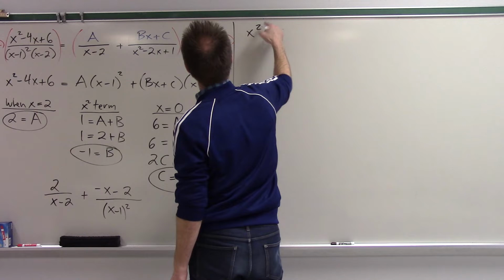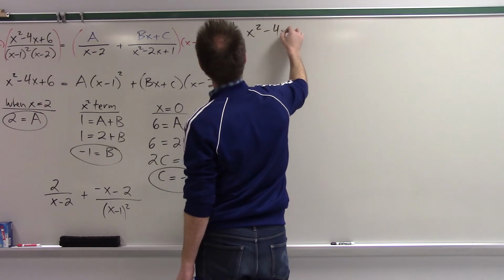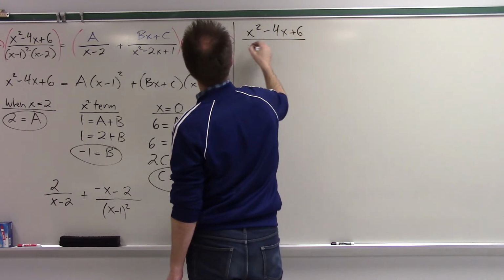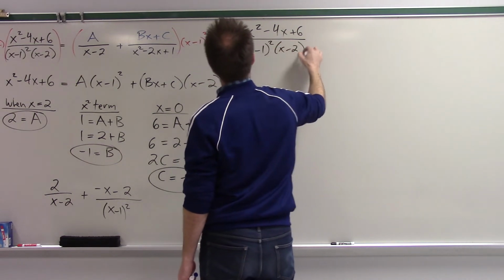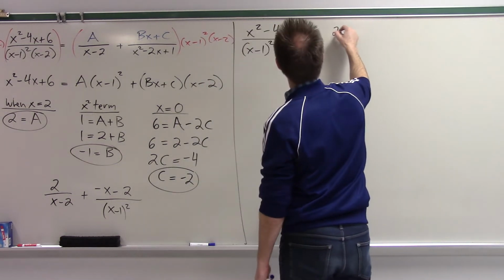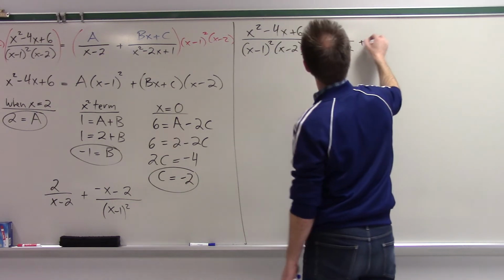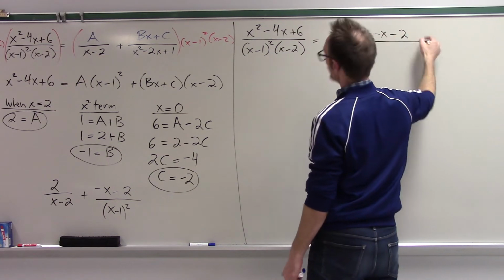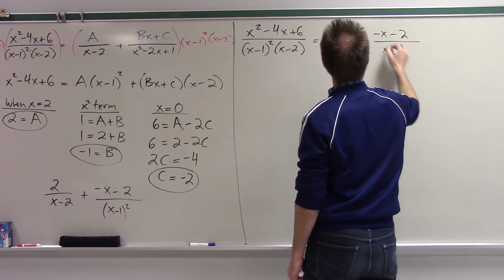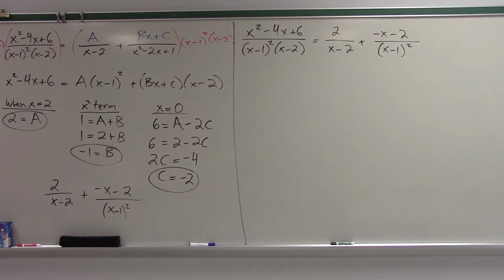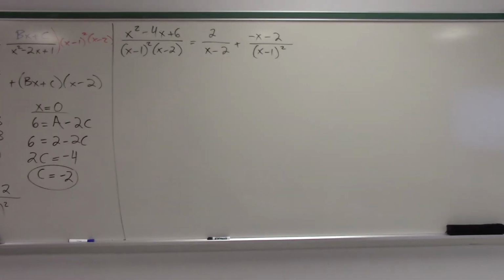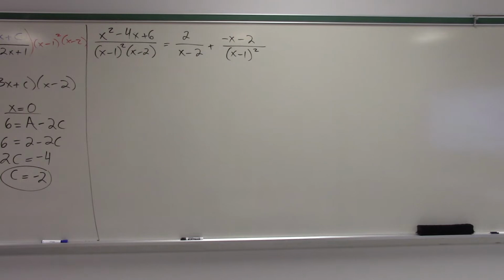Here's what we have. x squared minus 4x plus 6 over x minus 1 squared x minus 2 equals 2 over x minus 2 plus negative x minus 2 over x minus 1 squared. Okay, let me just change the frame to make sure that we see what's going on. Okay, so great. We have our answer, and we're all done.